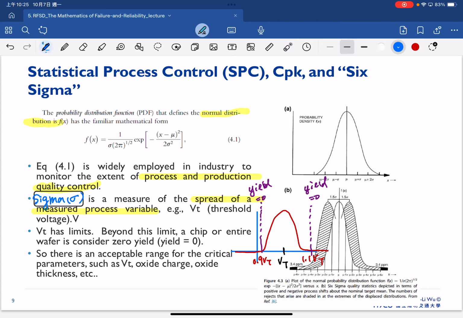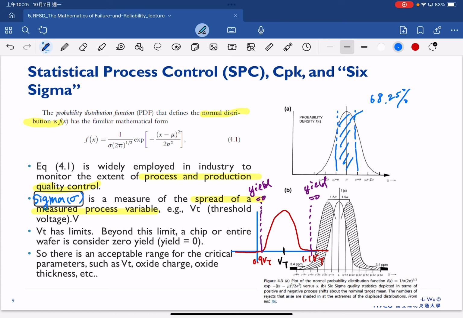So we know a range of 1 sigma already covers 68.25% of all your amount. So plus minus 1 sigma includes 68%.